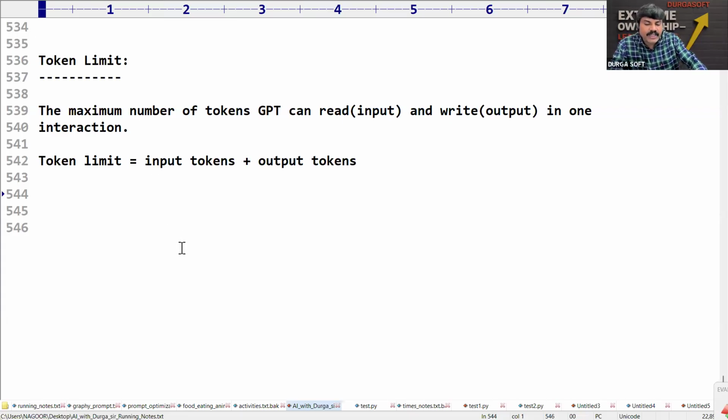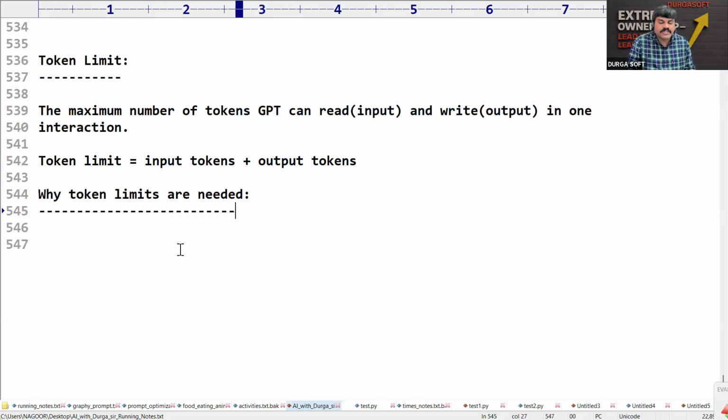Okay, so why are token limits needed? Why can't GPT handle unlimited tokens? The first reason: memory and performance.